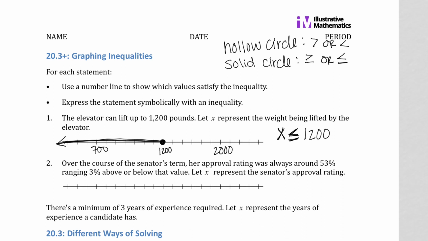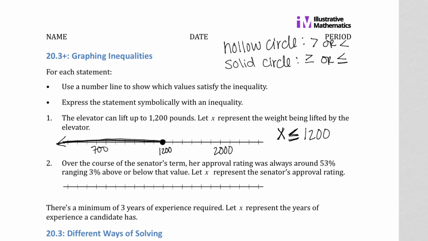Does everybody see that and understand what we just did? Okay, let's see here. Over the course of the senator's term, her approval rating was always around 53%, ranging above or below that value. Represent the senator's approval rating.